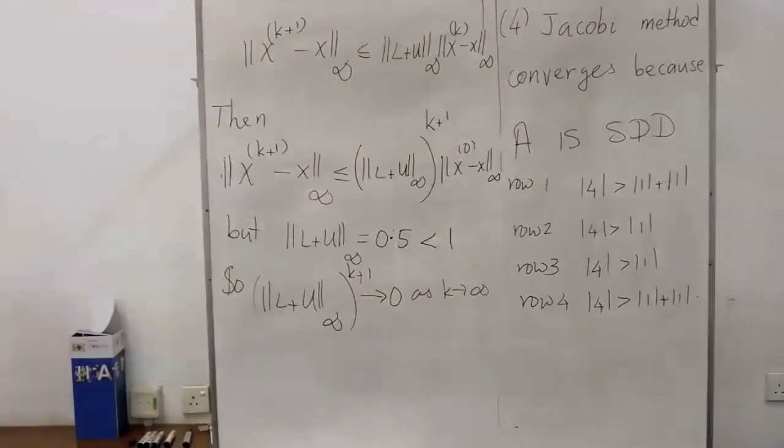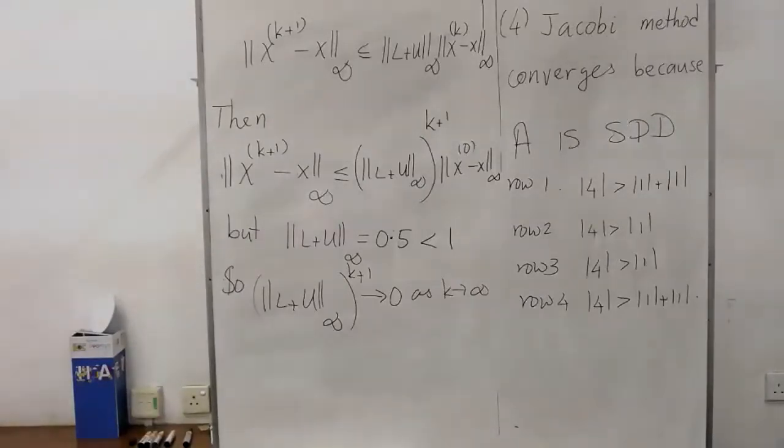So the L plus U infinity norm to the power k plus 1 will converge to 0 as k goes to infinity, because the L plus U infinity norm is strictly less than 1. If it is 1 upon 2, then 1 upon 2 to the power n, as n goes to infinity, goes to 0.